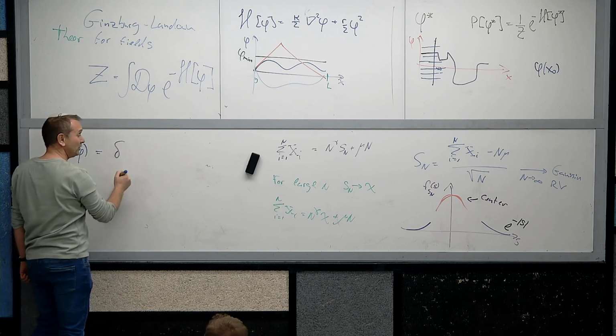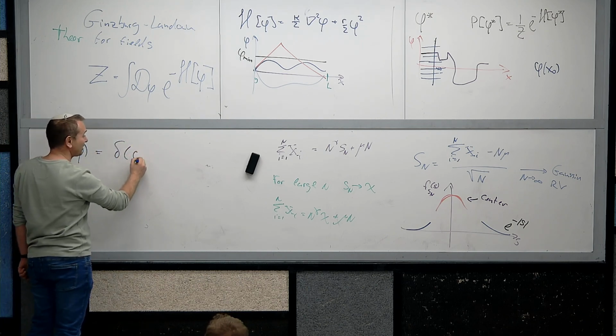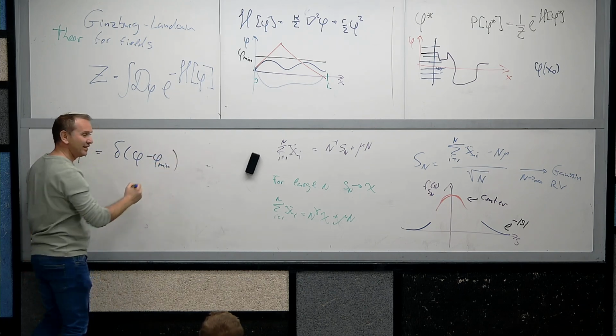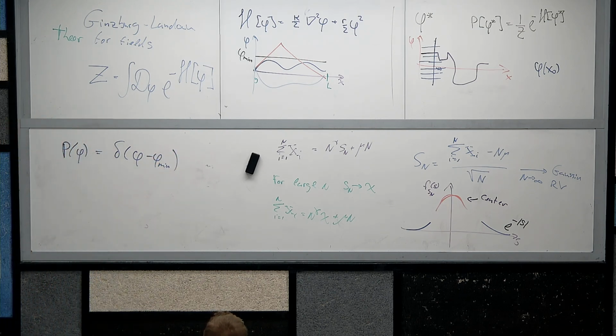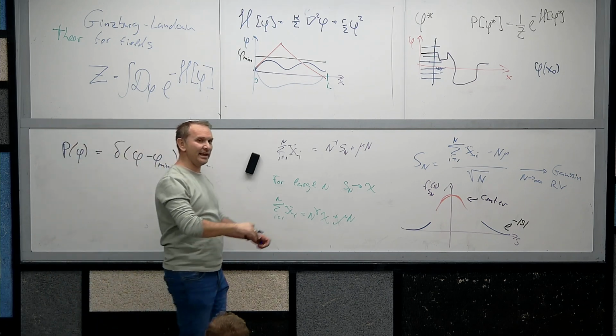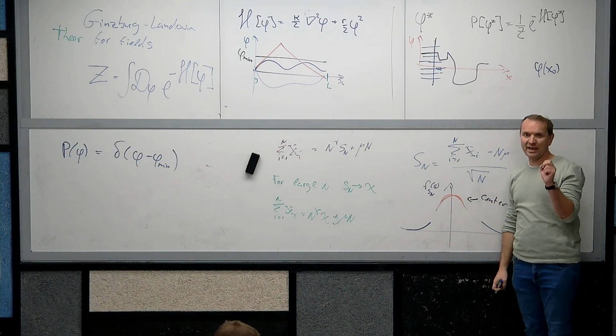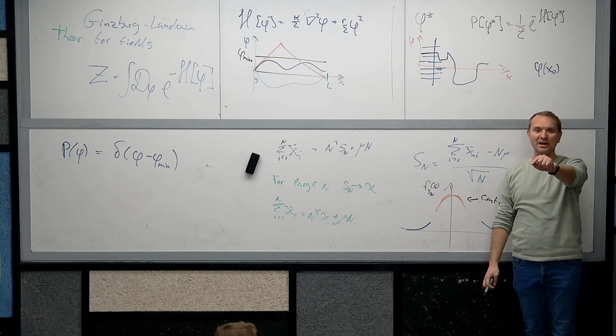So P of phi equals a delta function of phi minus phi mean. That's it. Mean field is not saying I can have very different realizations. Mean field is saying I have a very specific realization. This is my solution.